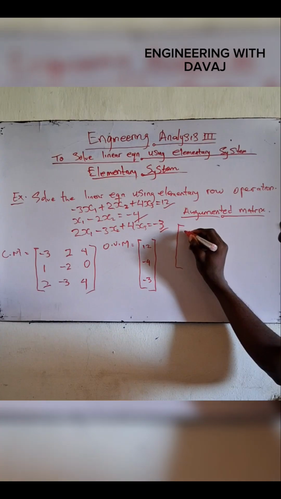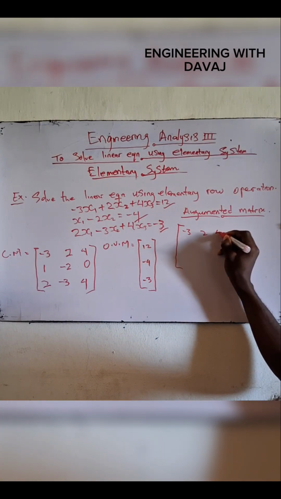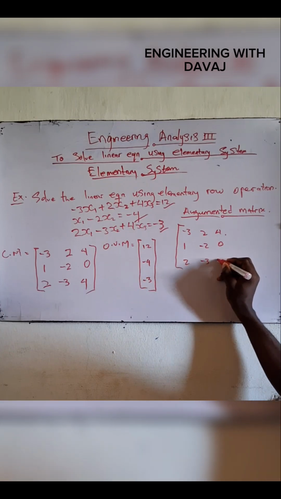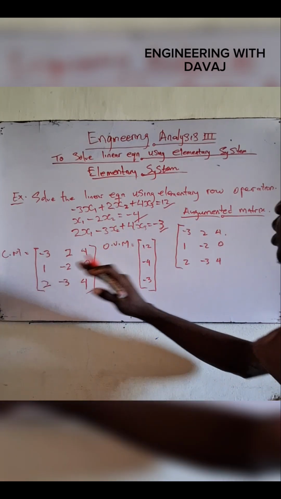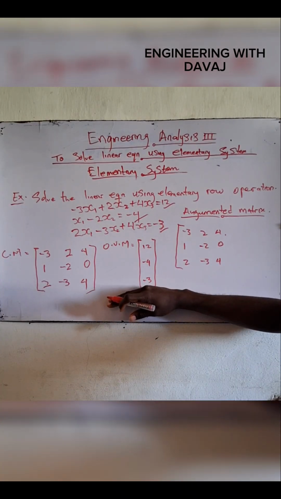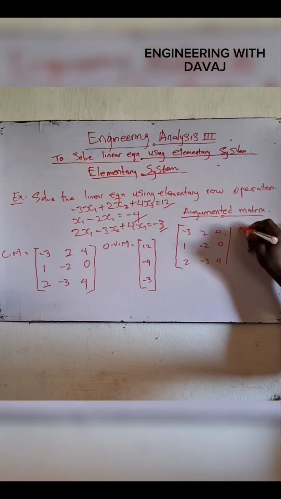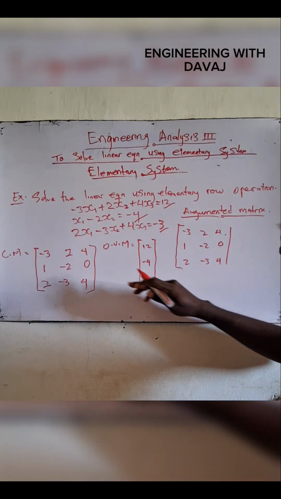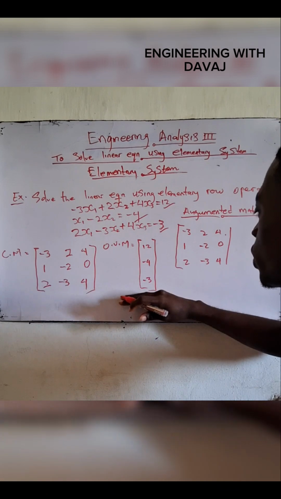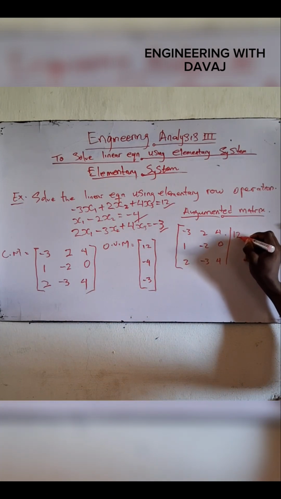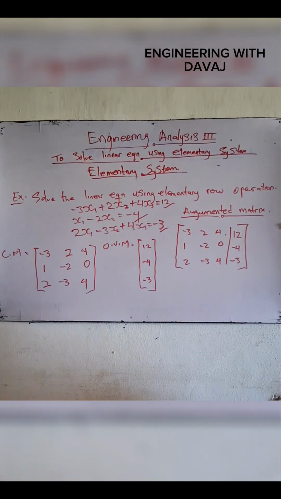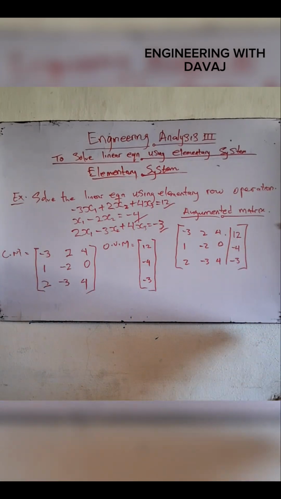My coefficient matrix is minus 3, 2, 4, 1, minus 2, 0, and 2, minus 3, 4. I said we are going to partition the coefficient matrix from the output vector matrix using a slash or a double dot like this. But let's use a slash. So what is my output vector matrix? I have 12, minus 4, minus 3. And I'm going to close it like this, and I'm done writing my augmented matrix from the coefficient matrix and the output vector matrix.